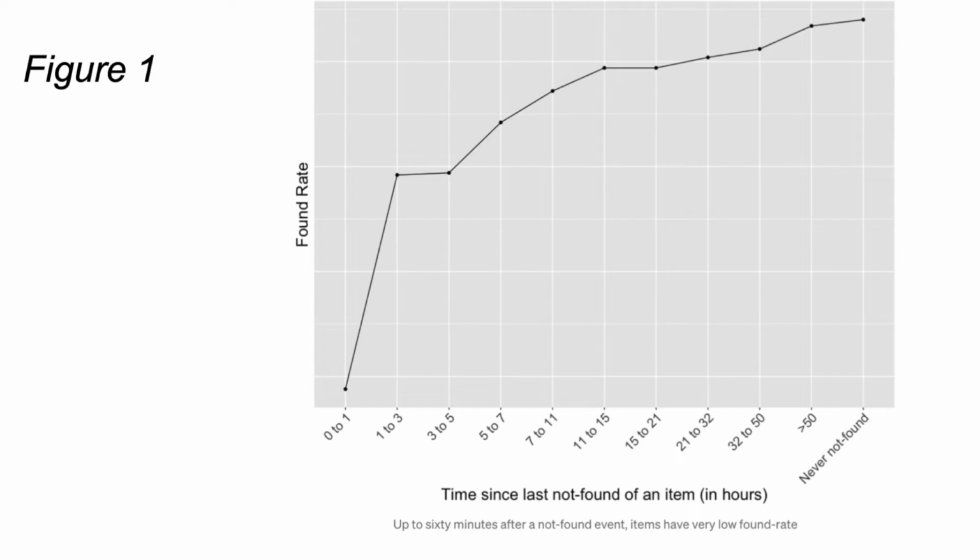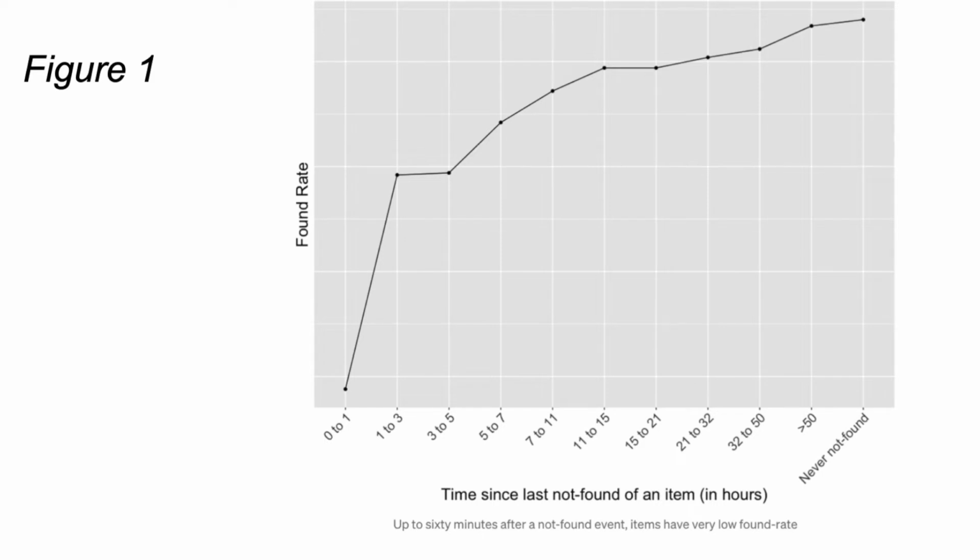And then following this first hour, we can see a steady and consistent increase in findability with the time it is not reported as not found. So the first hour is very critical, it seems, for the findability. And then after that, it seems to be a clear, consistent linear relationship.